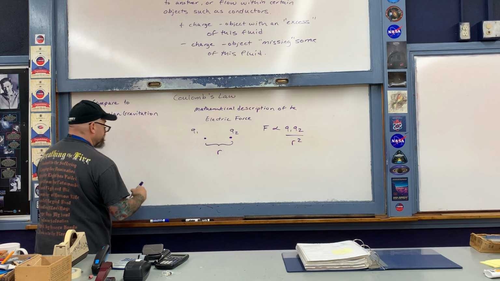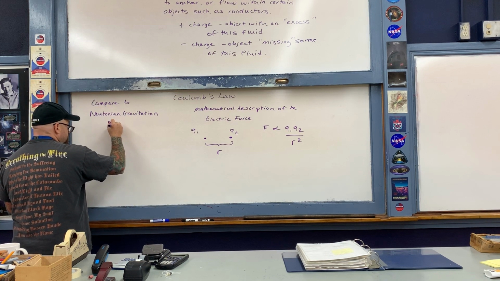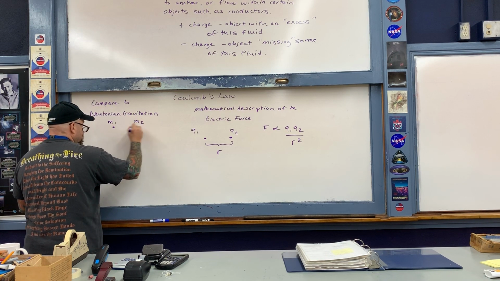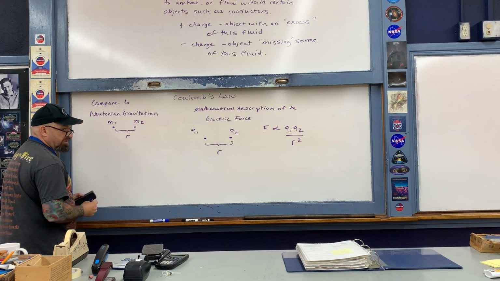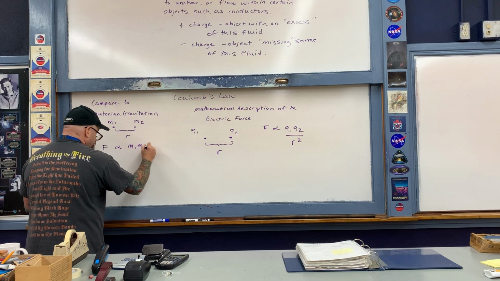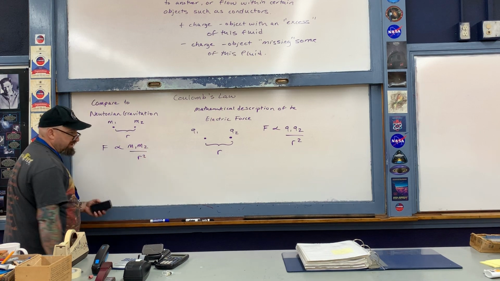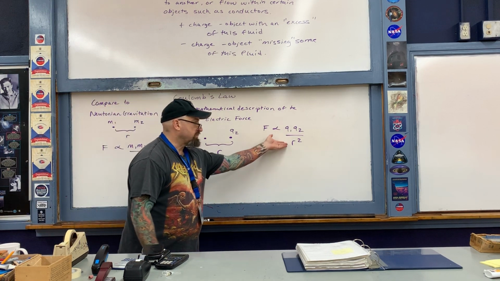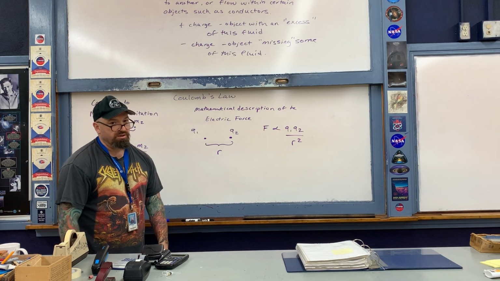If you recall, if you have two masses, M1 and M2, that are some distance R apart from each other, the magnitude of the gravitational force is proportional to the product of the masses divided by the distance squared. Same sort of relationship here for Coulomb's law.